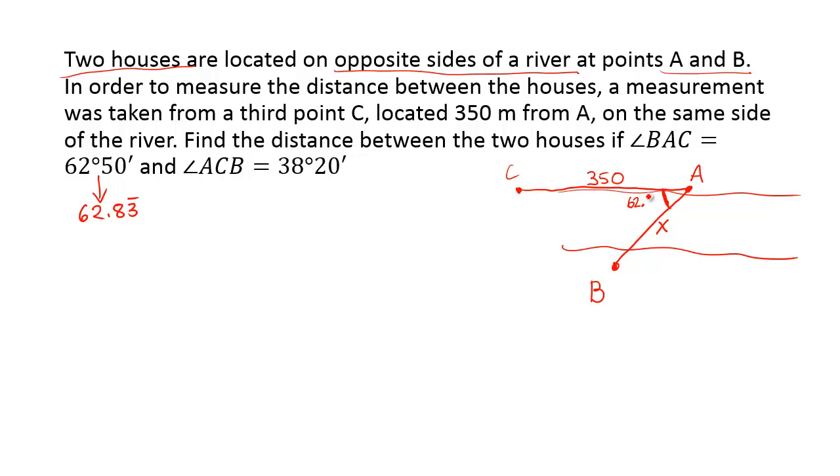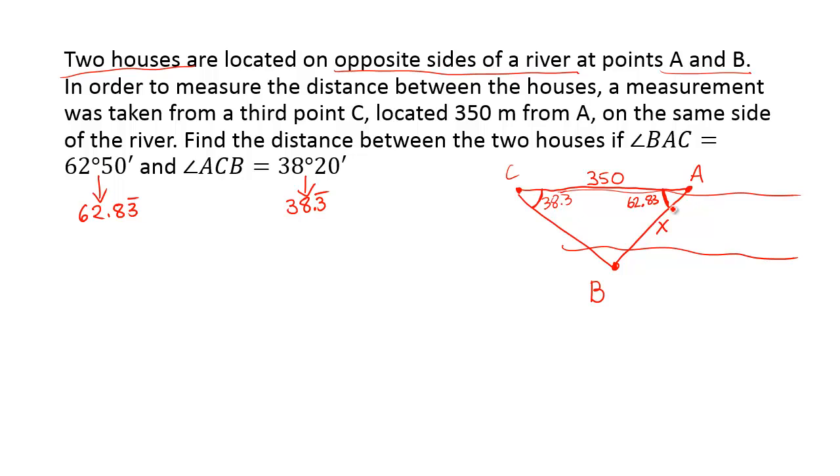So that's 62.83. And the other angle, let's convert that. That's 38 plus 20 out of 60, which is 38.3 repeated. So that's ACB, which is this angle, 38.3 repeated.